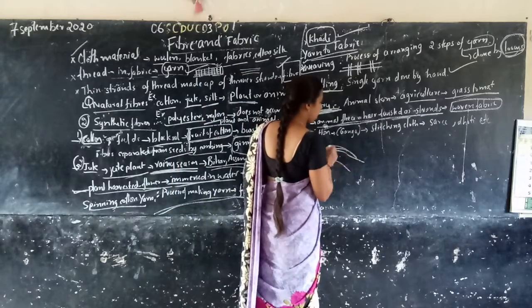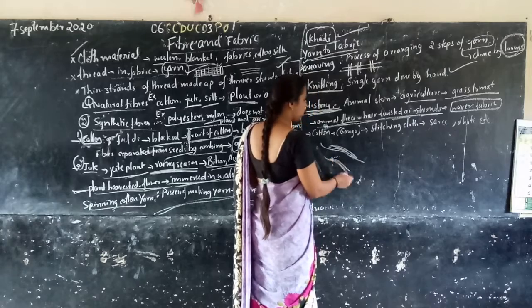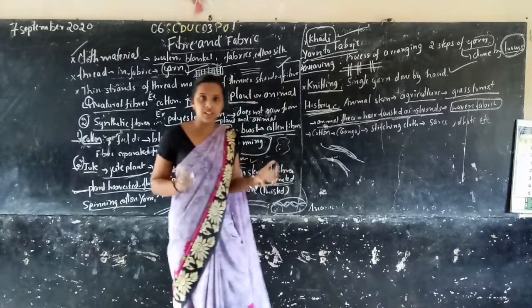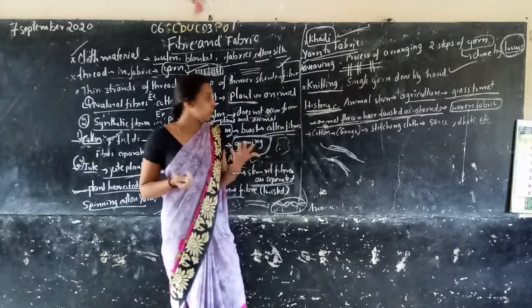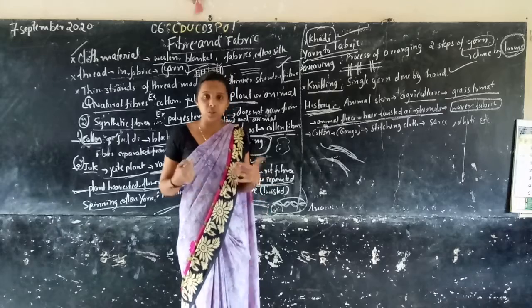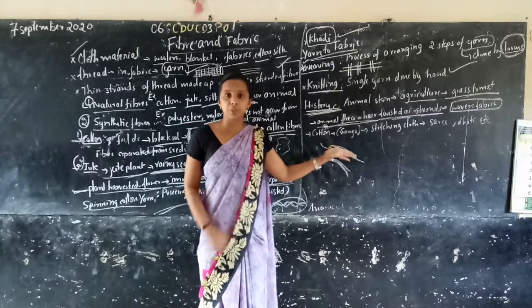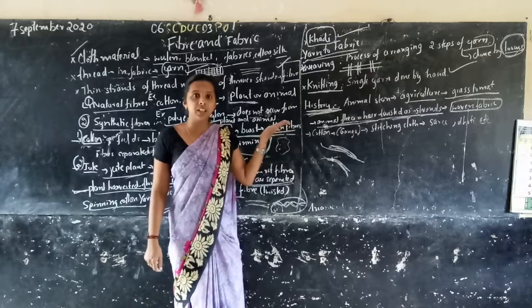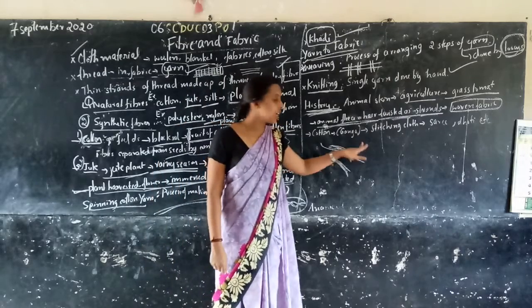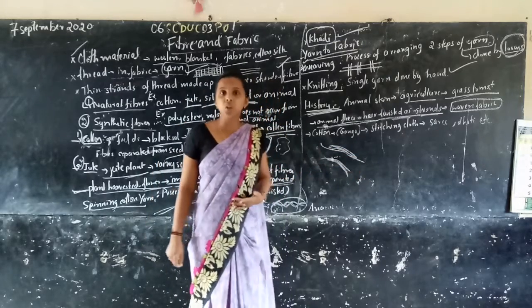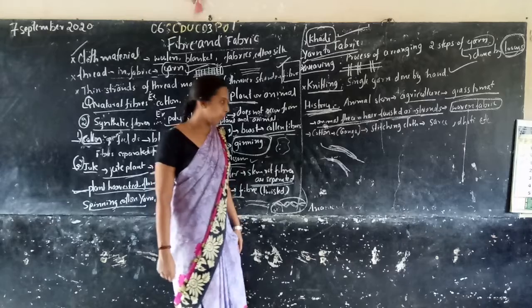Beside the Ganga river, people grew a lot of cotton plants. From that they made cotton fabric and used it. Not only in India, in European countries and among the Egyptians beside the Nile river, they also used cotton fabric.